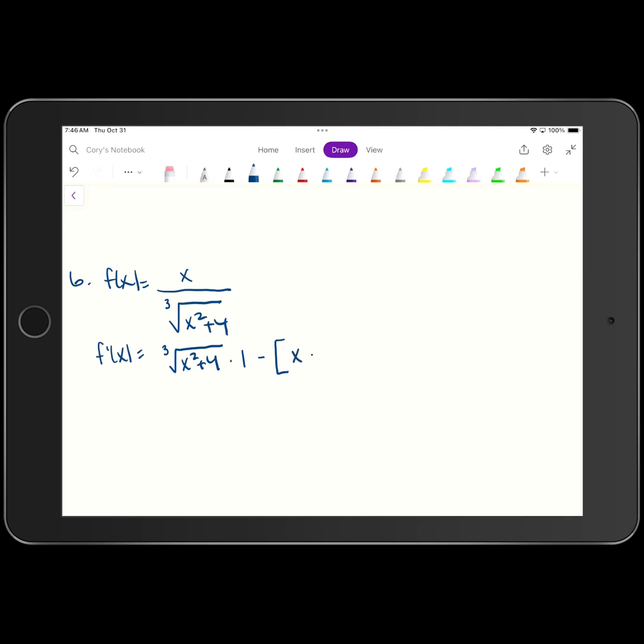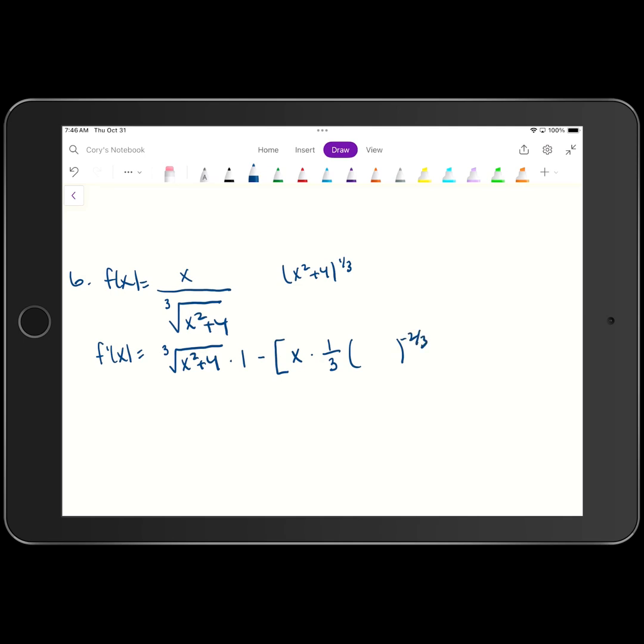If we're going to take the derivative of the bottom function, it is a composite function. It is x squared plus 4 raised to the 1/3 power. So we have to use the chain rule to differentiate. The outer function in the composition is x to the 1/3 power, whose derivative is 1/3 times something to the negative 2/3 power.